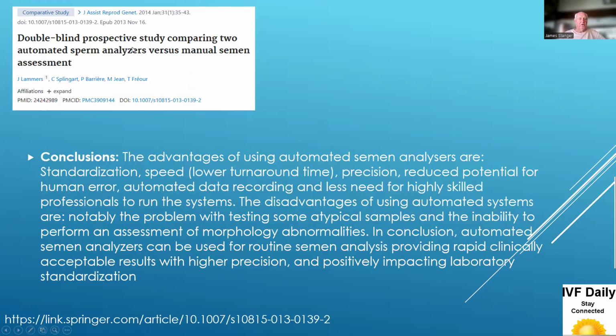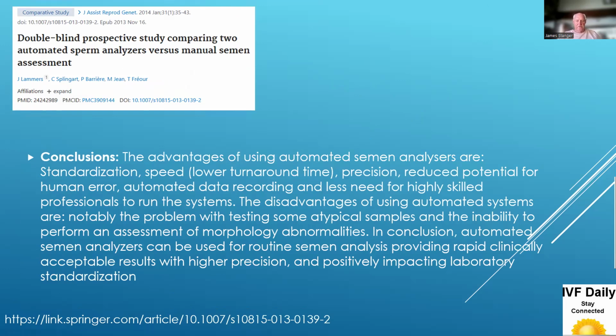If I go back to one of the very earliest in 2014, a double-blind study comparing two assessments, they concluded the advantages of using automated semen analysis are the standardization, speed, lower turnaround time, precision, reduced potential human error, automated data recording, and less need for highly skilled professionals to run the system.